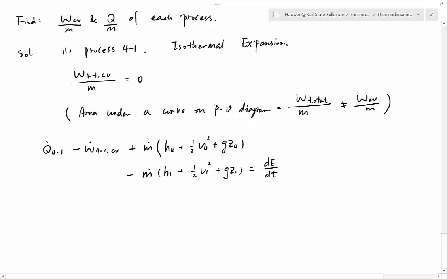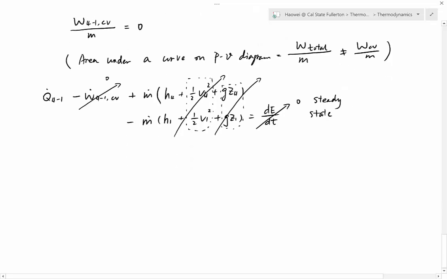So now let's simplify this equation. Right hand side goes to 0. The reason is it's at steady state. WCV we said must be equal to 0 because there's no moving parts. And then V1, V4, the velocity does not change, so those two terms cancel. Z4 and Z1, the height does not change, so those two terms cancel each other.